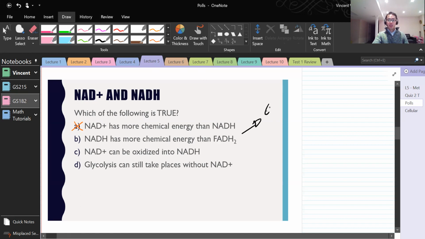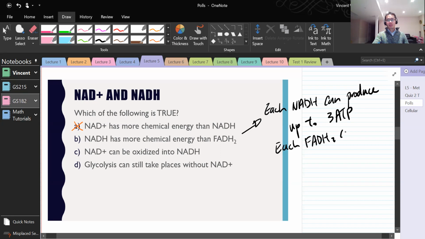Each NADH has enough energy to produce up to 3 ATP, whereas each FADH2 can produce up to 2 ATP. So in that regard, this is correct.